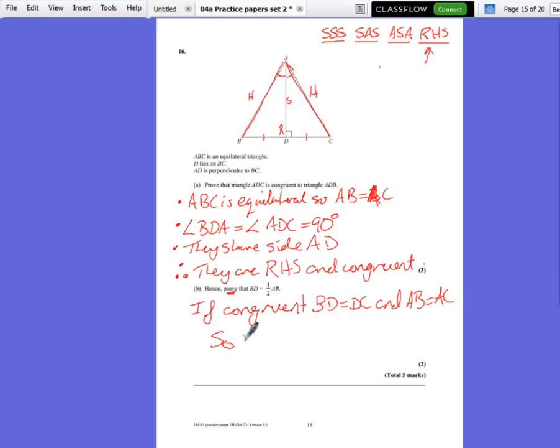So BD equals a half of AB. So if these two are equal to each other, then it must be split in half. And if AB equals AC, then BD must be equal to a half of AB.